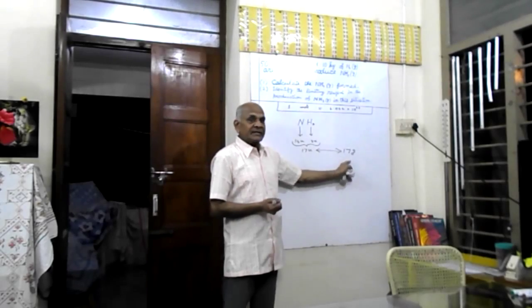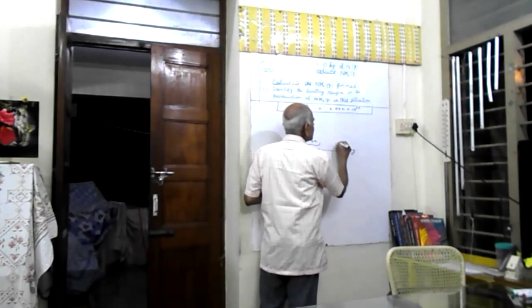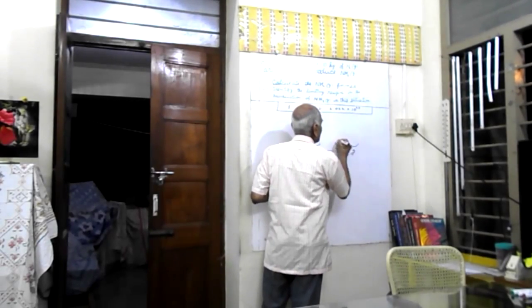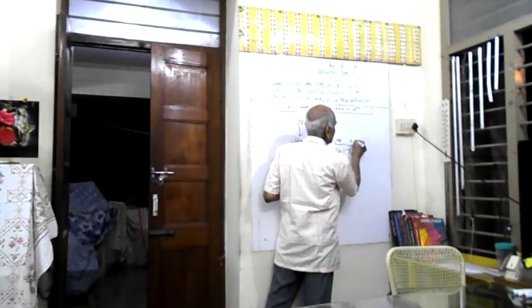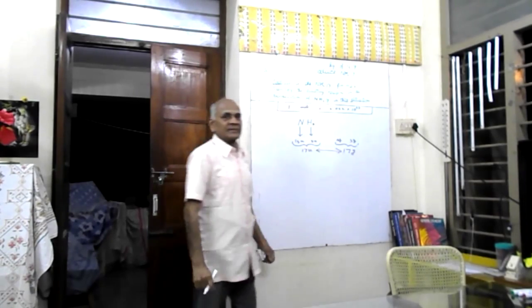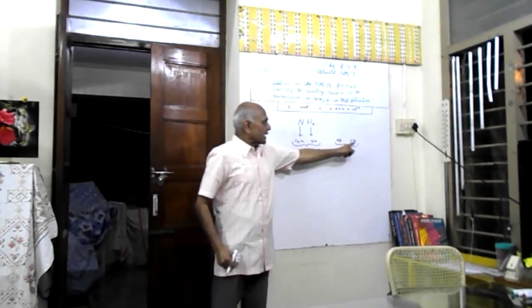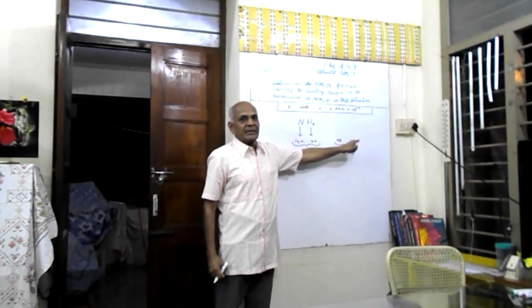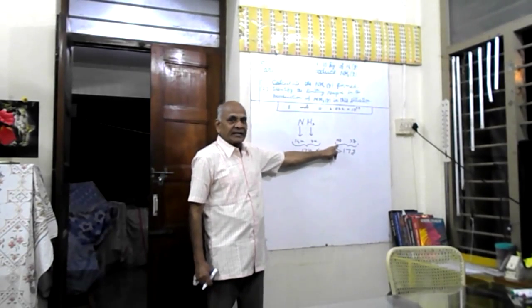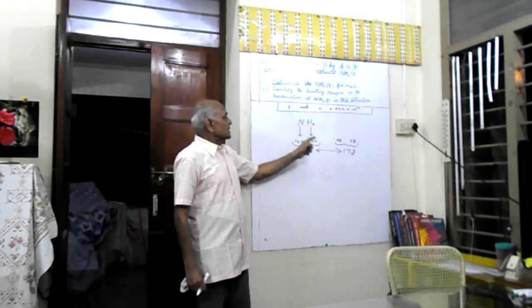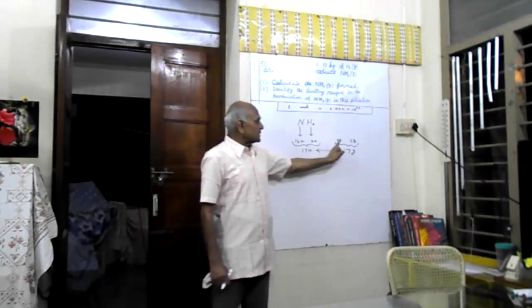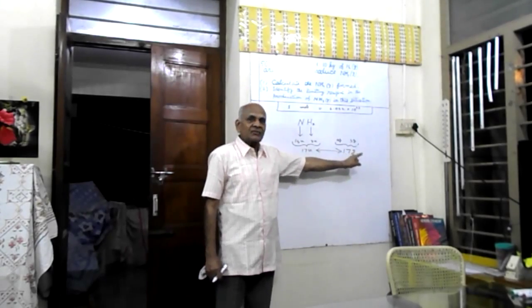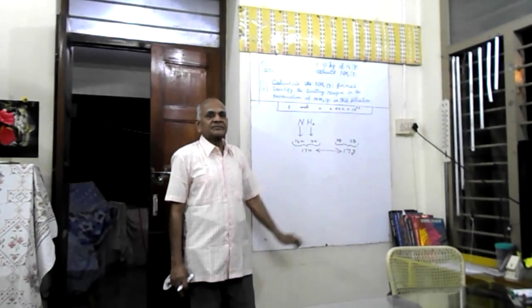Therefore, in the 17 grams, 14 grams will be nitrogen, 3 grams will be hydrogen. In other words, 3 grams of hydrogen will chemically combine with 14 grams of nitrogen and it will produce 17 grams of ammonia gas. Here nothing will be left out. No hydrogen will be left out, no nitrogen will be left out.